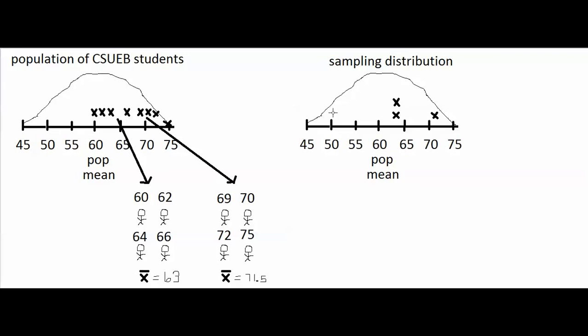Now, what if I selected 4 students from the population and they had a mean height of 50 inches? If their mean came out to 50, they would be out in the left tail of the sampling distribution. So now we're looking at the means of 4 different groups of Cal State students.